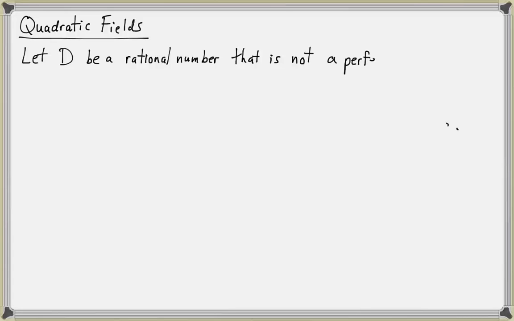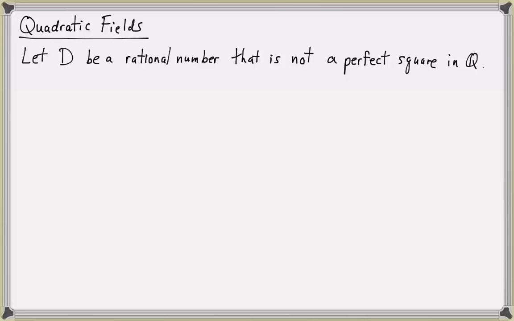So for now, let's assume that capital D is a rational number that is not a perfect square in the set of rationals.